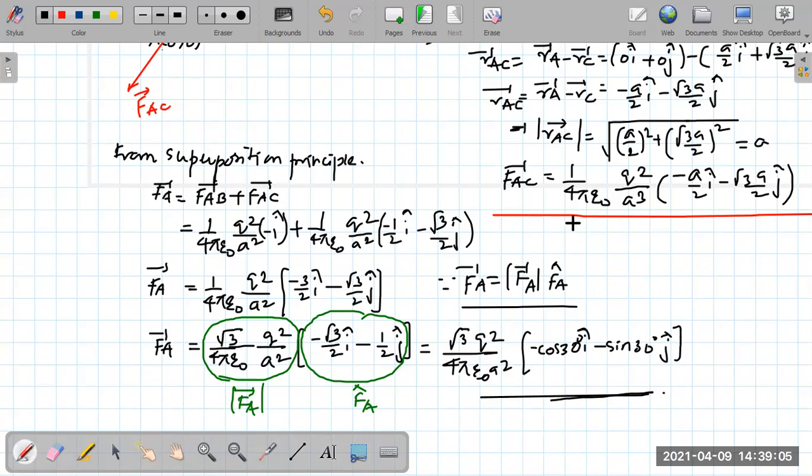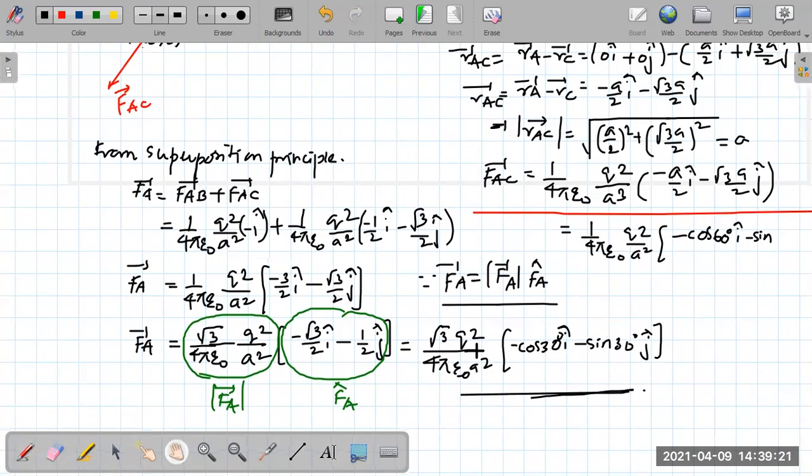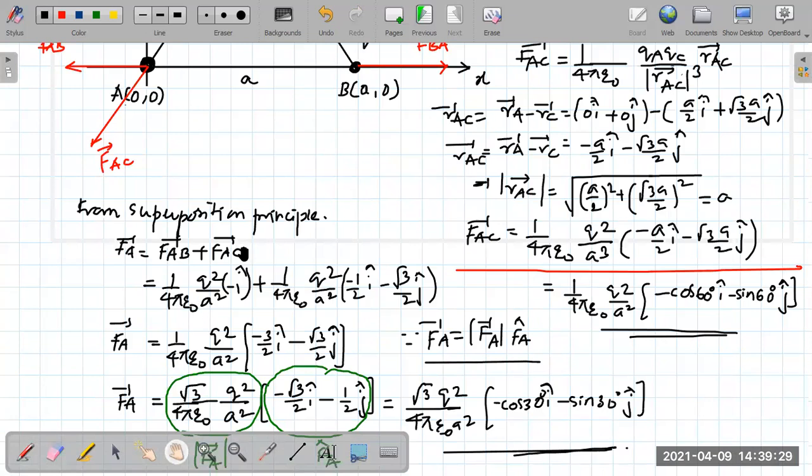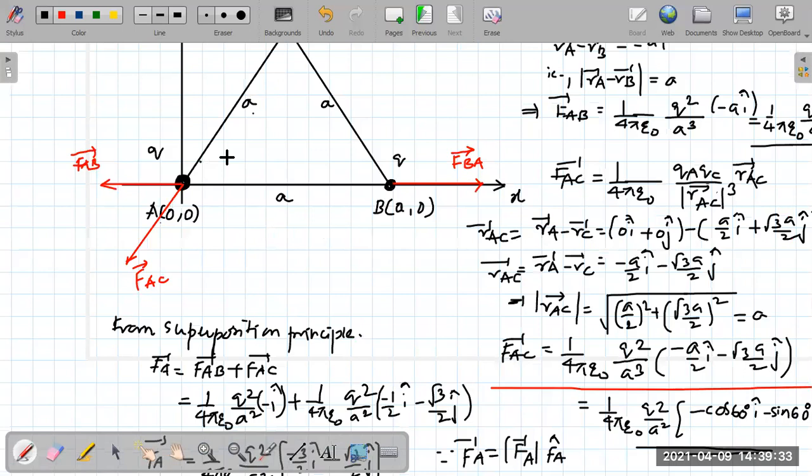Previously, force on C due to A, we have called it as 1 by 4 pi epsilon naught q square by a square into minus cos 60 I cap minus sin 60 j cap. Are you able to understand what I'm trying to say? Here, I just explained it with the help of the diagram. Let me highlight this. We know that this is an equilateral triangle. Equilateral triangle means this angle is 60 degrees.